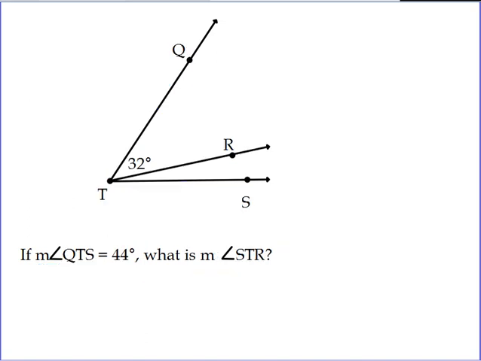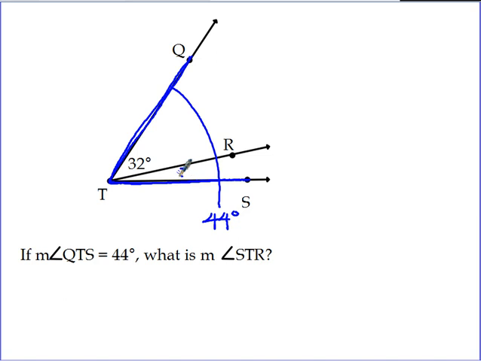In this one, they tell me that QTS, that whole angle, is 44 degrees. And they're asking me for STR. So STR, they're asking me for that little angle in there. So they tell me the whole angle is 44, and I'm going to find that little angle.